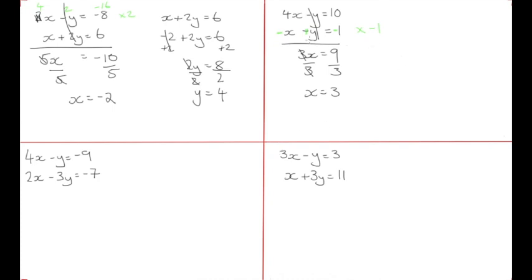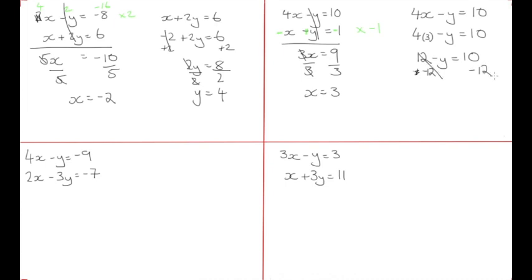Now, I'm going to take the equation that I didn't alter, and I'm going to write it up here by itself. 4x minus y equals 10. And now I'm going to substitute in 3 for x, and then solve for y. So 4 by 3 is 12, minus y is equal to 10. I'm going to minus 12 from both sides.